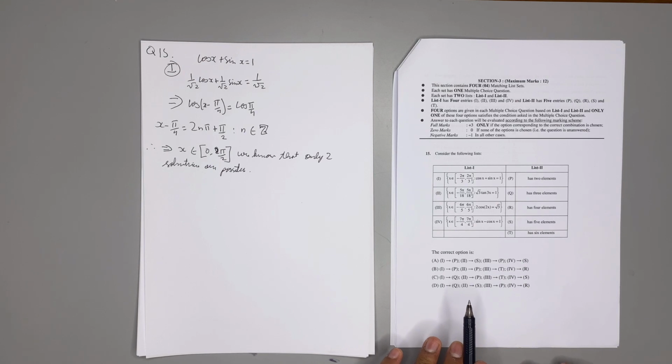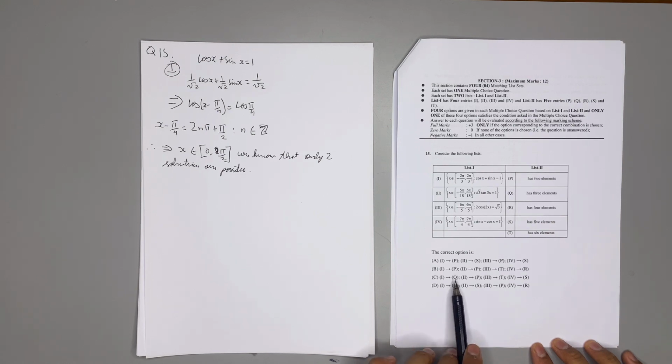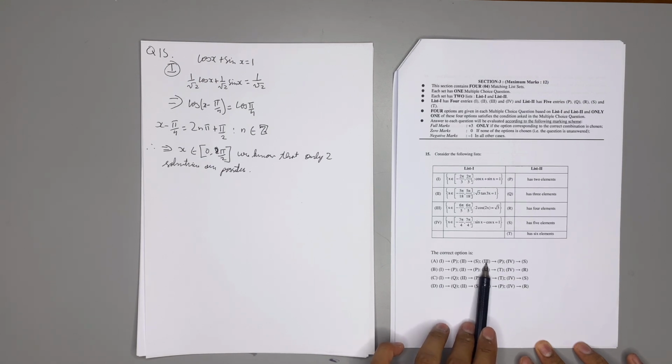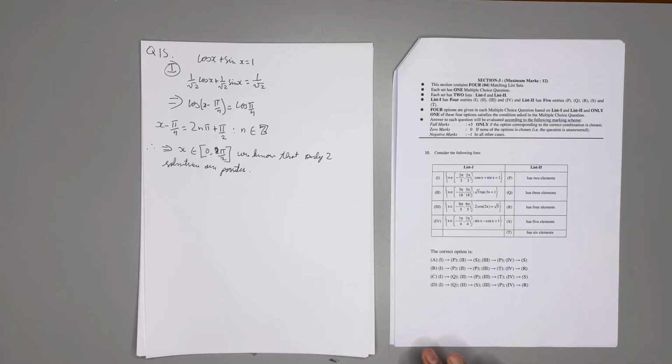So since I has only 2 solutions, C and D straight away gone. Don't have to worry about C and D now. We've got II, III and IV all of the same one, so we don't have to worry about this. C and D is not right, so we only have to see if this goes to S or does it go to R, just to save time.